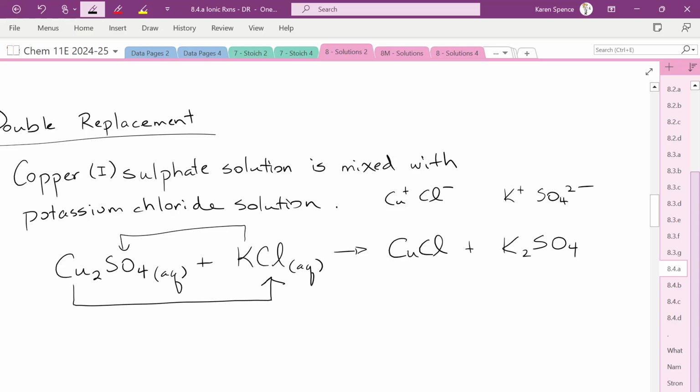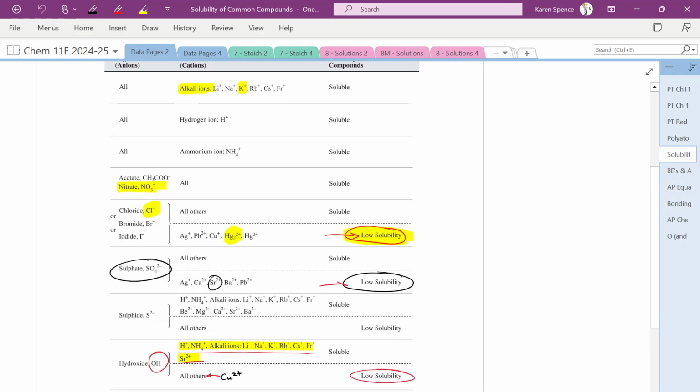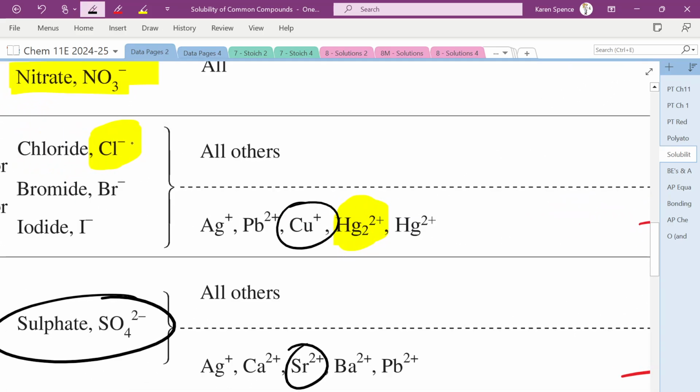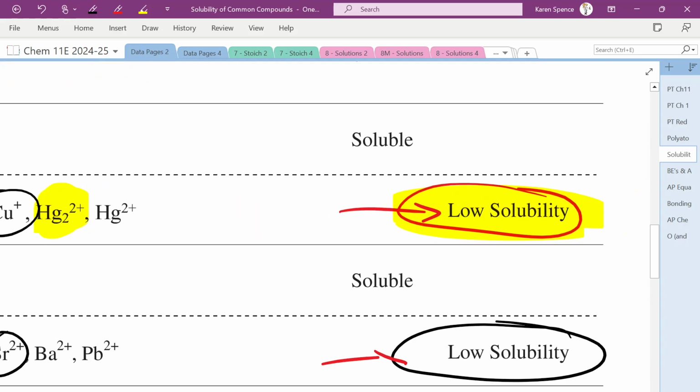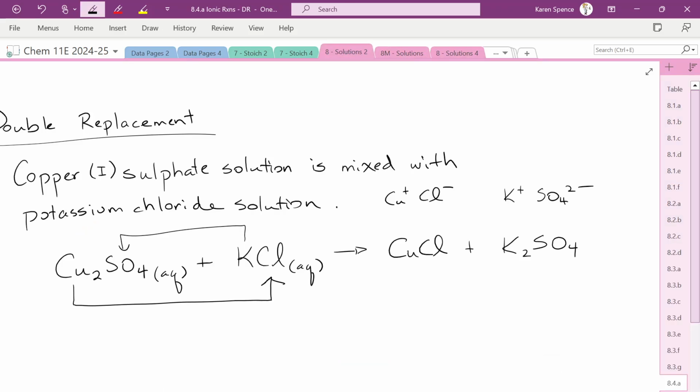And at this point, you have to say, do I get a reaction? So I will go and look on my data pages at my solubility chart. Copper 1 and chloride are low solubility, so we get a solid. So this is a solid.